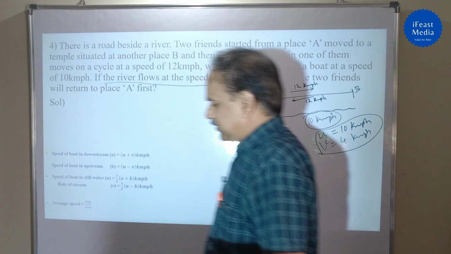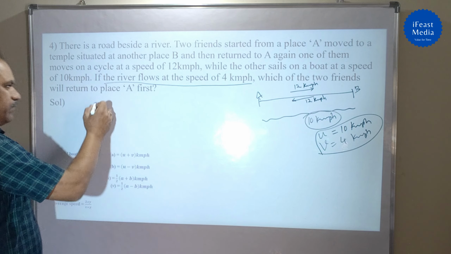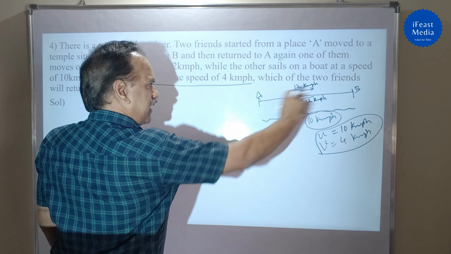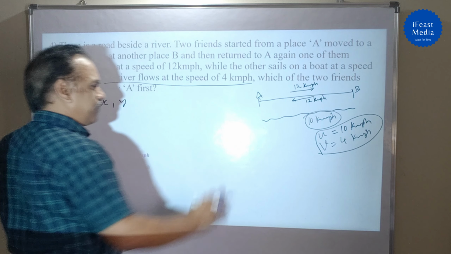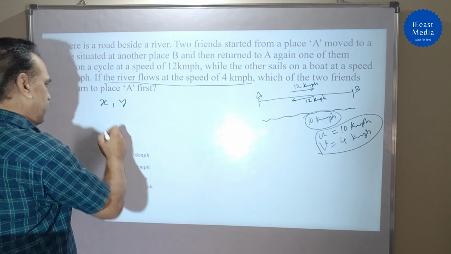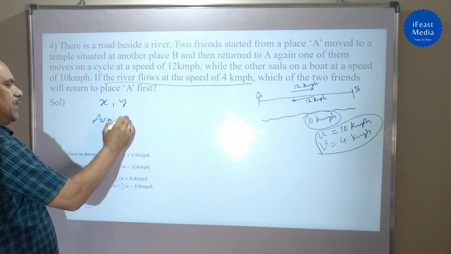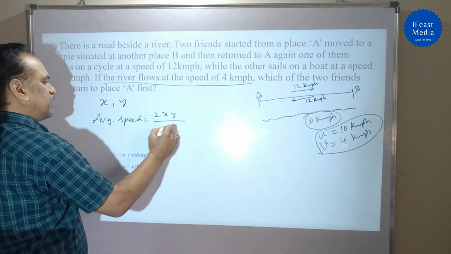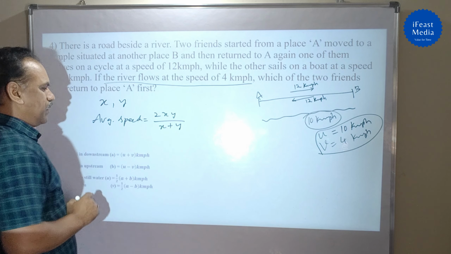You assume like that. Then if x and y are the speeds in to and fro directions, x kmph going and y kmph coming back, what is the average speed? The formula is 2xy by (x plus y).